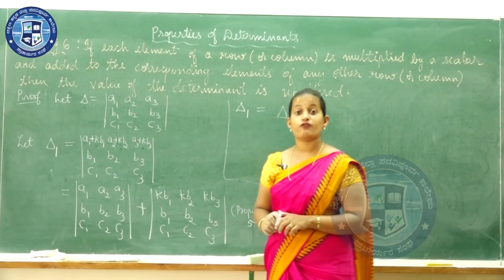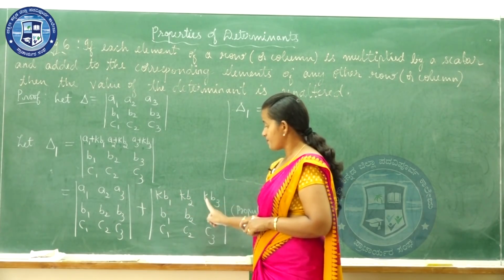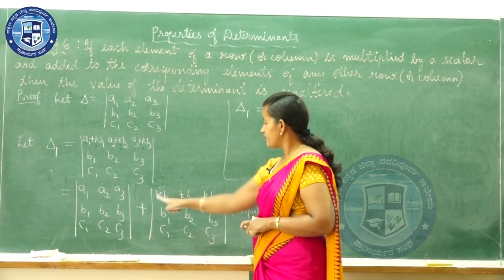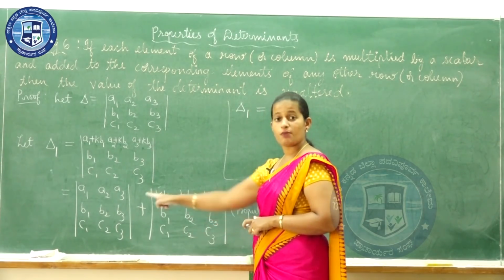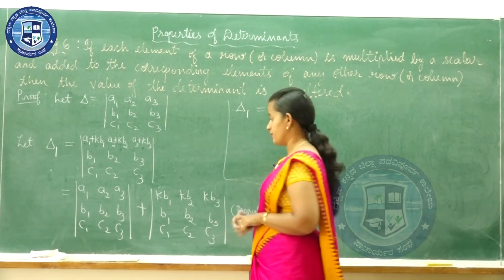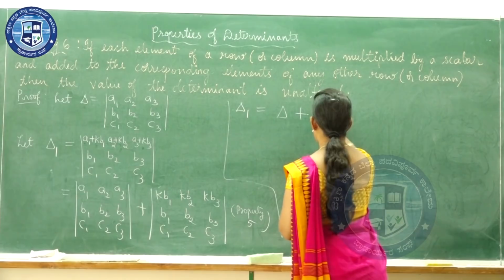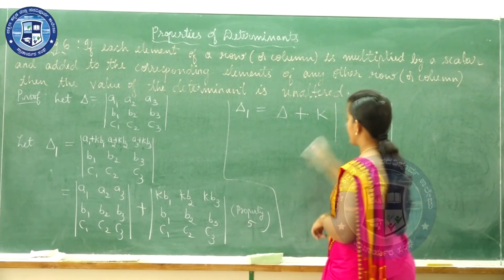What is your property 4 saying? Property 4 says, if there is a common factor in a row, see here, k is a common factor in the first row. You can bring it outside the determinant. So, I am bringing the k outside and writing what is remaining. What will remain?